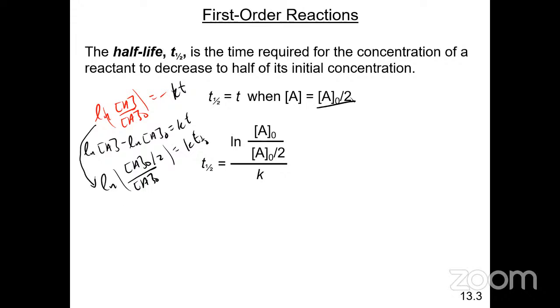And then to get the half-life expression, T half would be equal to, very important, can't forget the minus sign, minus ln of the initial concentration of A divided by 2 over the initial concentration of A, divided by K.